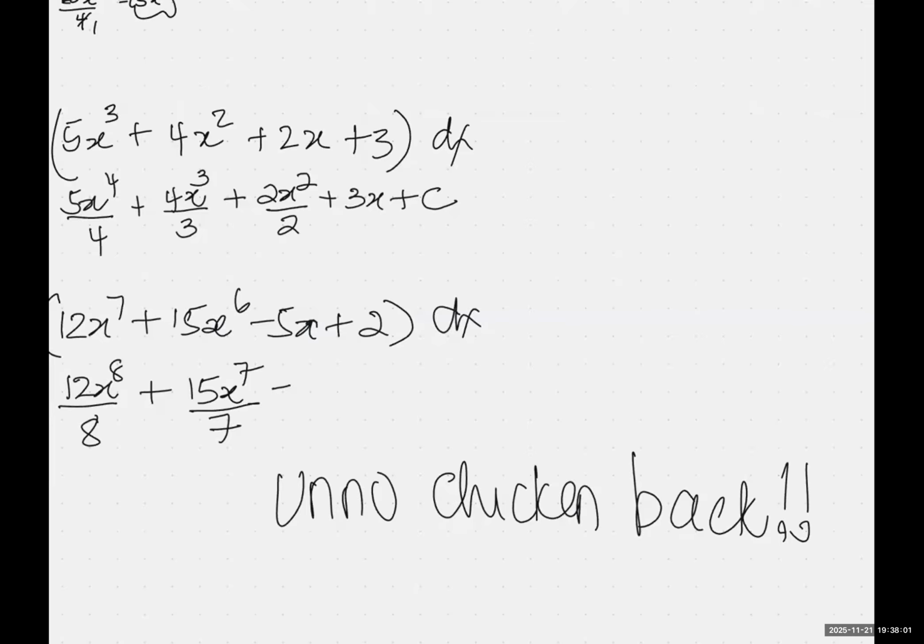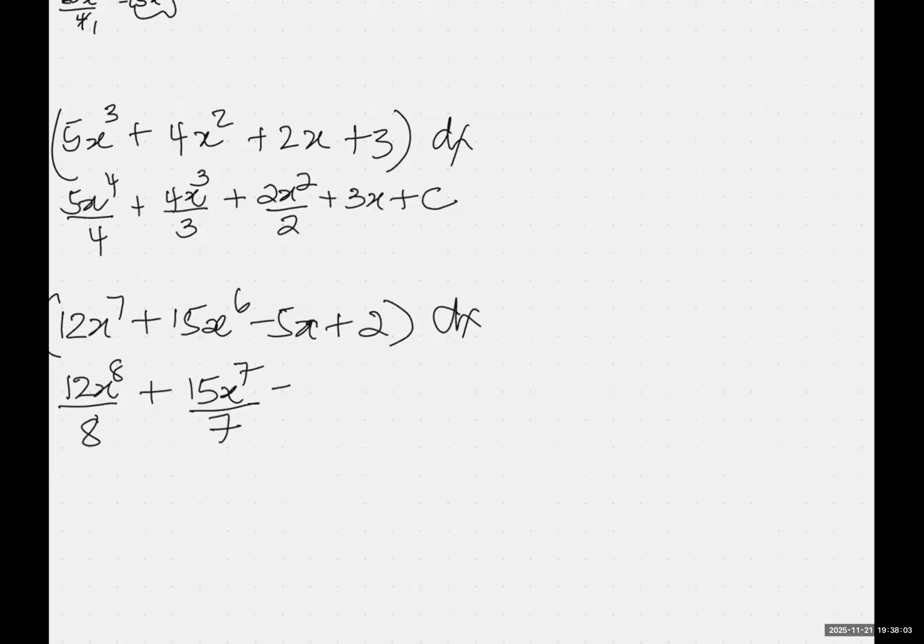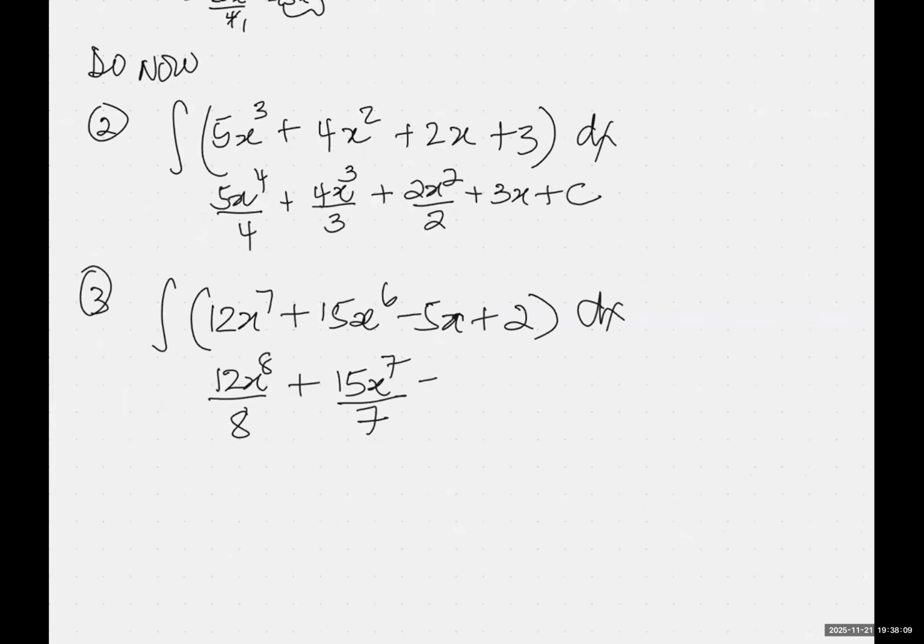All right, so now this is when I'm giving 5x squared over 2, plus 2x over 1, plus C. If I don't write the over 1, would I be wrong? No, sir, it shouldn't be. Okay, good job.